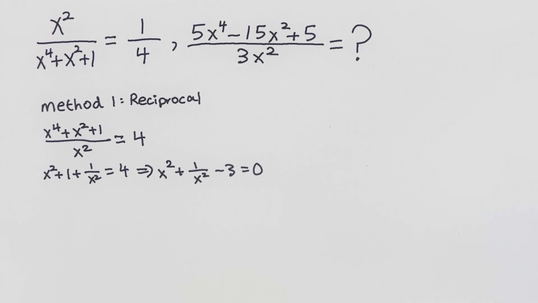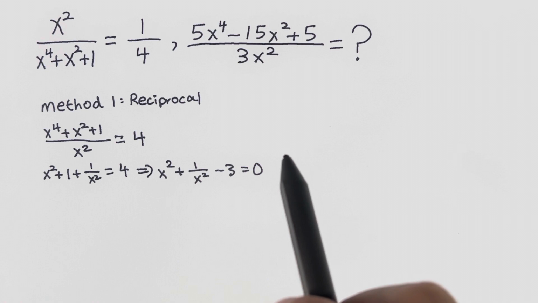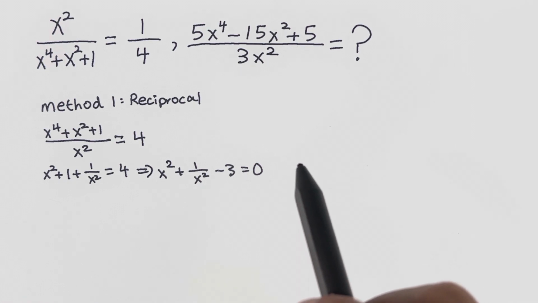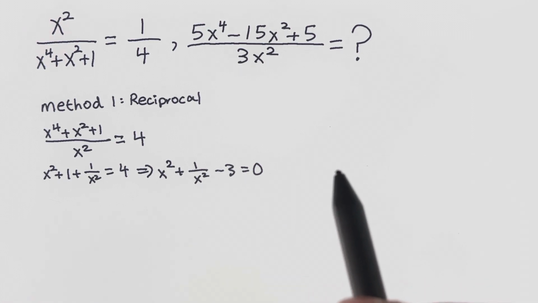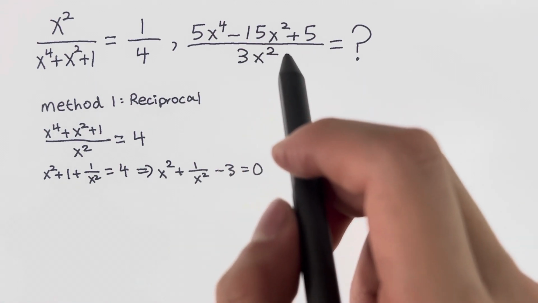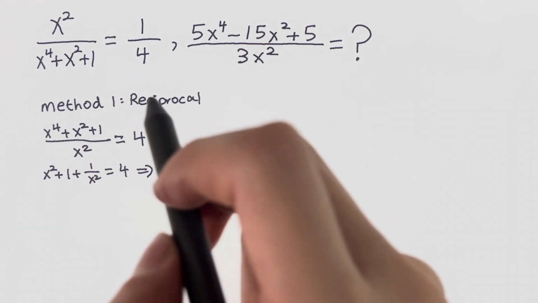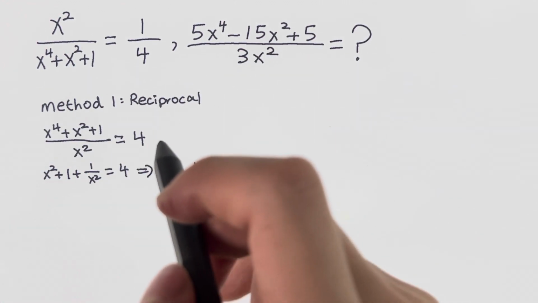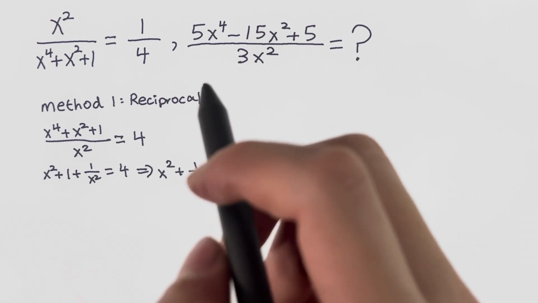Then let's observe what we want: 5 times x to the fourth power minus 15x squared plus 5, divided by 3x squared. So once again, we can factor out 5 over 3, so we can get into a similar form as x squared plus 1 over x squared minus 3.